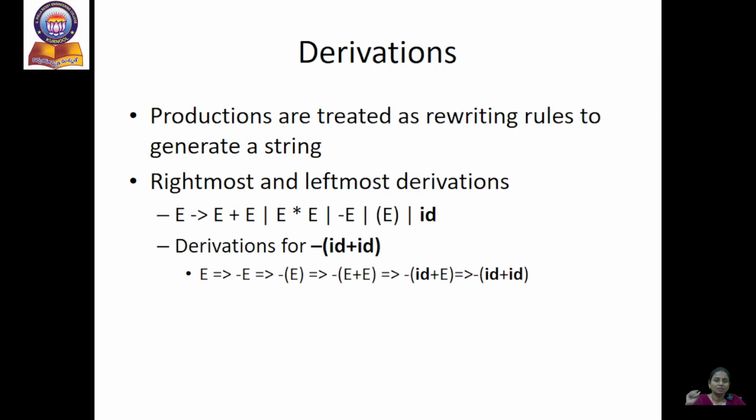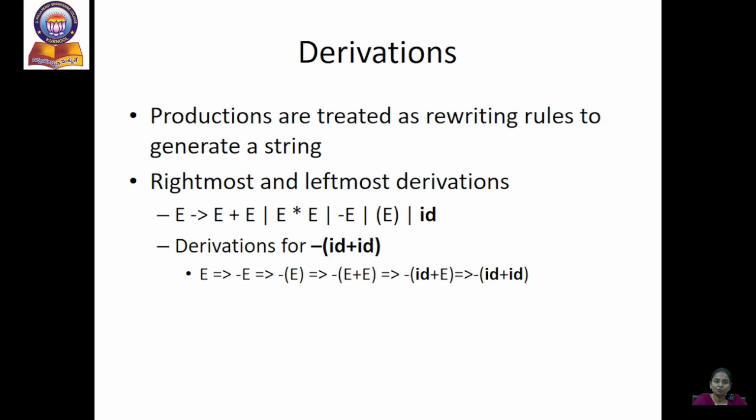Next we'll see how the derivation of a given grammar can be done. In derivations, we can do either a leftmost derivation or a rightmost derivation. First of all, let's see what a derivation is. A derivation is where we substitute the production rules, or rewrite the rules, to generate some string with the help of a grammar.